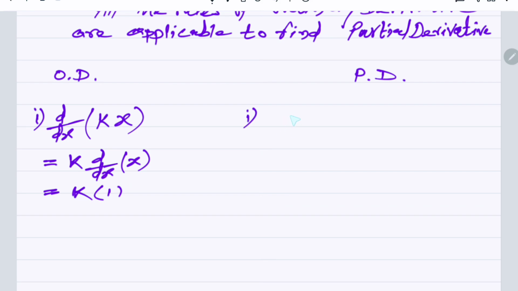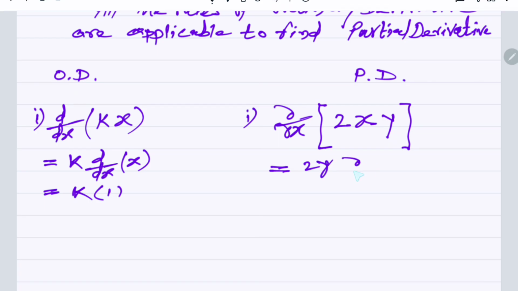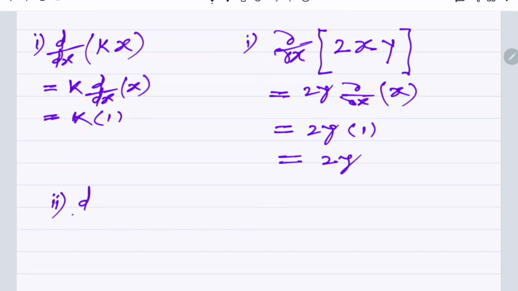Similarly, for partial derivative, we consider dou by dou x of, example is 2x into y. We have to differentiate this term with respect to x. At that time, we have to consider y as a constant term. Therefore, 2 and y we take as a constant term outside, and then differentiating the remaining term with respect to x, we get 2y, and derivative of x with respect to x is 1. Therefore, partial derivative of 2xy is 2y as per the first rule.